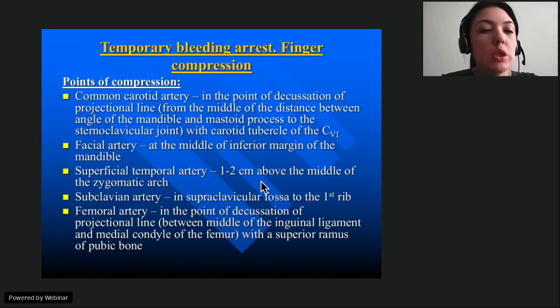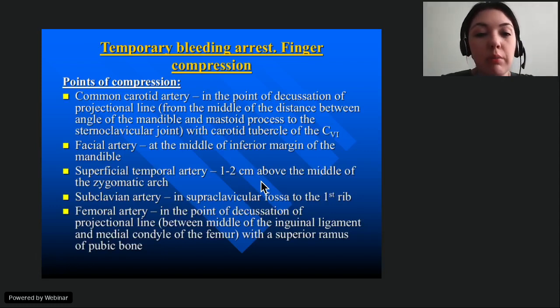For superficial temporal artery, it is 1-2 centimeters above the middle of the zygomatic arch. Subclavian artery, in the supraclavicular fossa, we have to compress it to the first rib, in the direction to the first rib. Femoral artery, at the point of decussation of the projectional line between the middle of the inguinal ligament and the medial condyle of the femur with the superior ramus of the pubic bone.